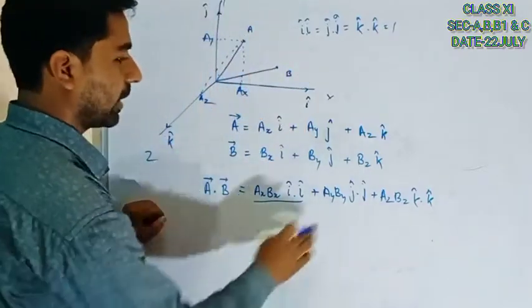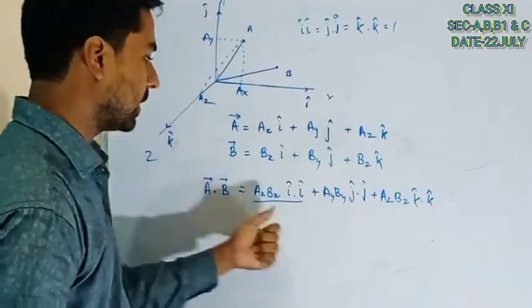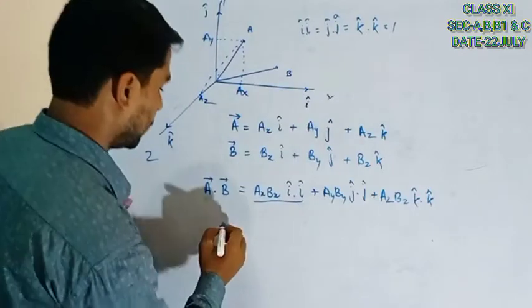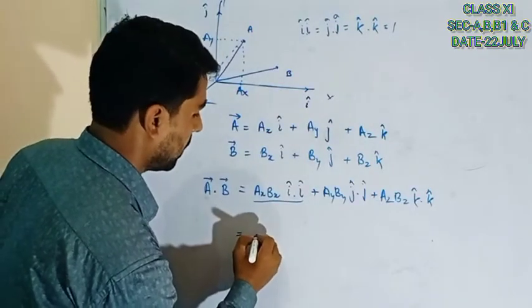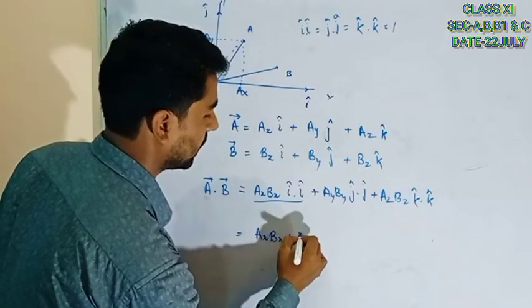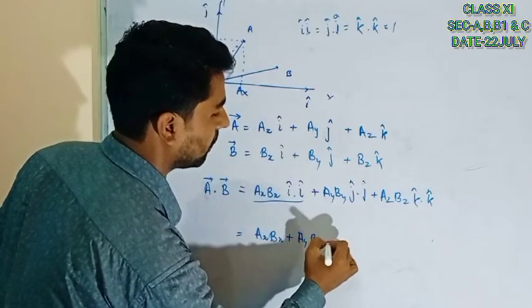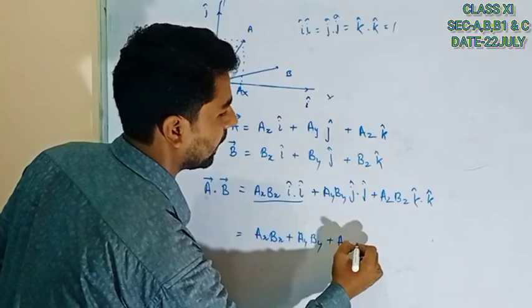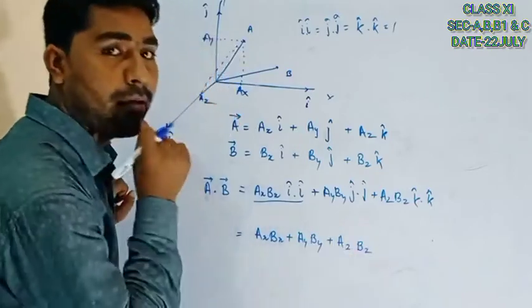So here we are getting the equation, and we remember that i dot i is what? 1. So what we can write: ax bx plus ay by plus az bz.